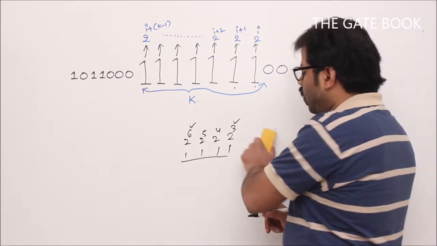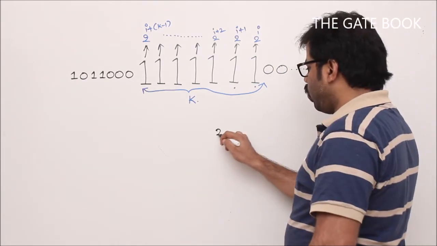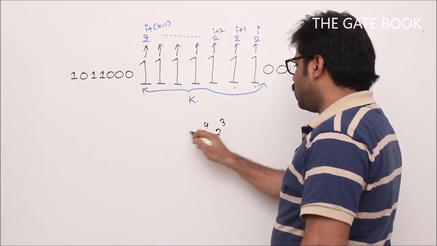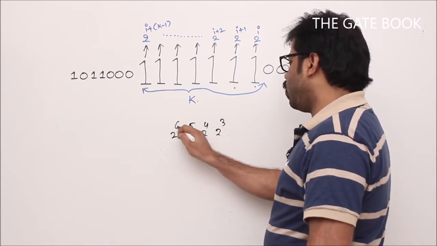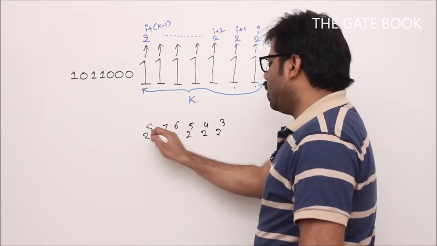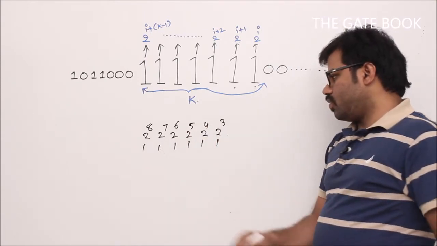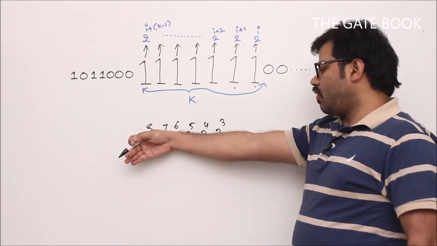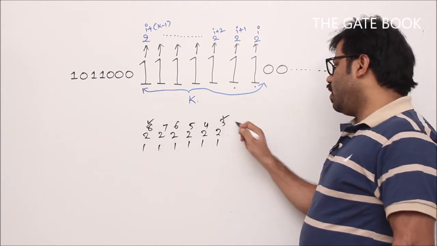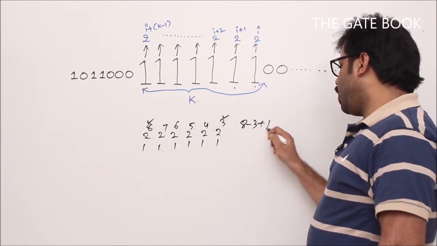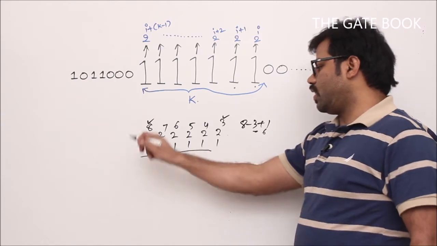If you don't have clarity, take a larger example: 2 power 3, 2 power 5, 2 power 6, 2 power 7, 2 power 8. Take 8 minus 3, which is 5, plus 1, that is 6. There are 6 ones, check it out, correct?